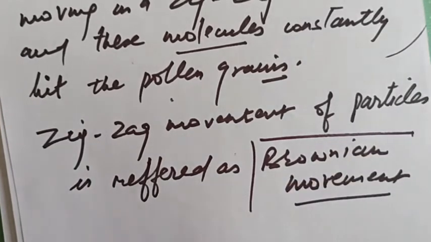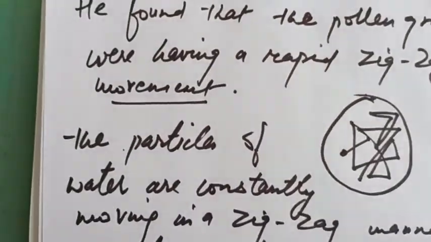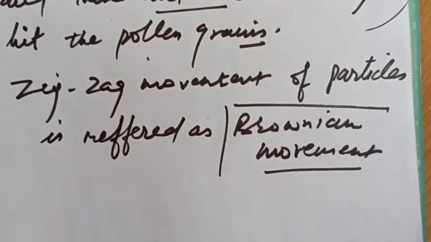Why Brownian movement? Because it was first noticed by who? Robert Brown. Okay, it was first noticed by Robert Brown. That's why it is referred to as Brownian movement.